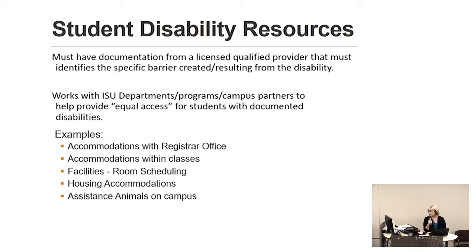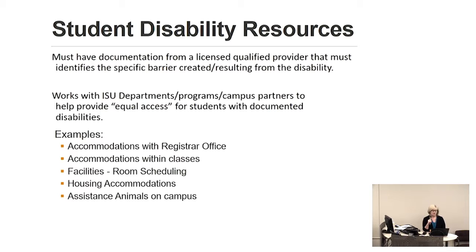Otherwise, we're working with facilities management, and we are moving classrooms around so that classes that are back-to-back are closer together, so that they can physically get to each one. We're putting desks in classrooms, we're putting in extra chairs. So there's different things that we do with facilities management. The majority of what we do are the in-class accommodations.